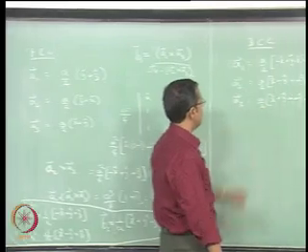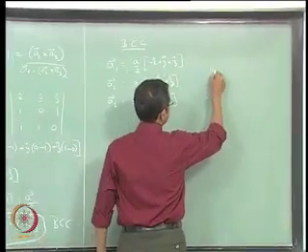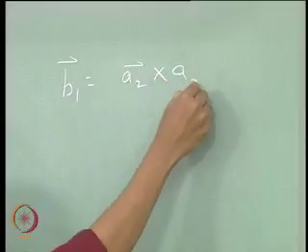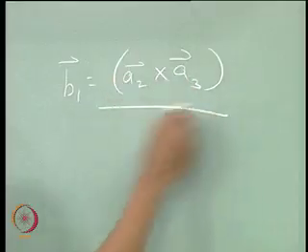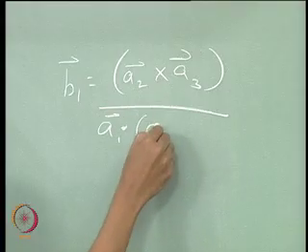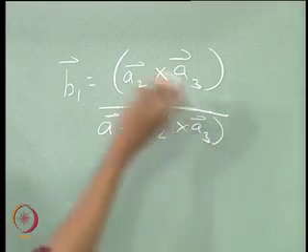We will do the same thing now for BCC, we will do a2 cross a3, so B1 is a2 cross a3 by a1 dot a2 cross a3. What is a2 cross a3?